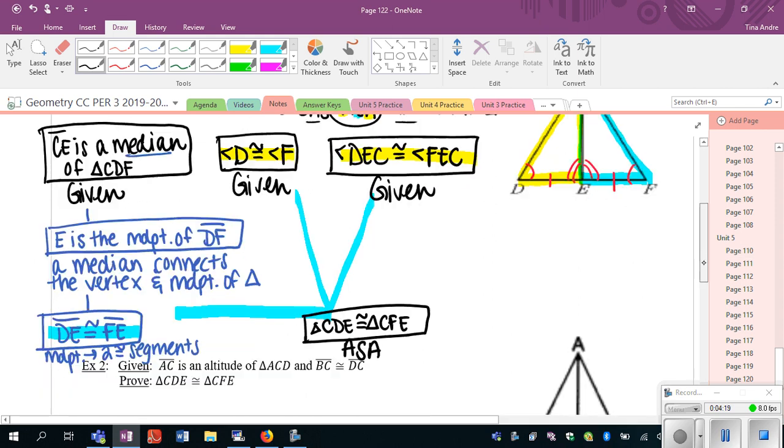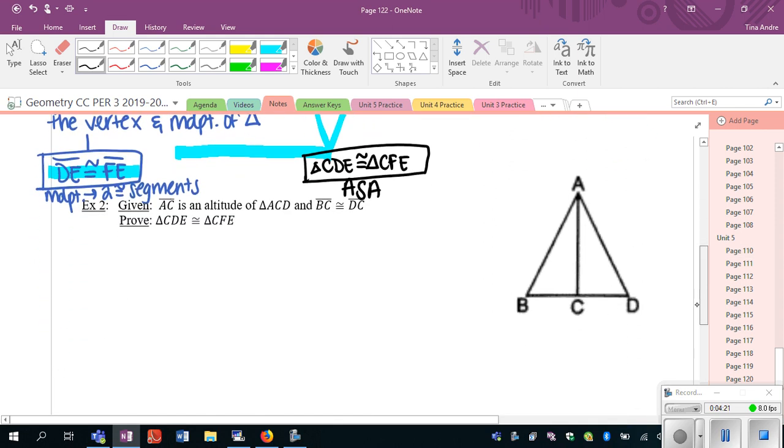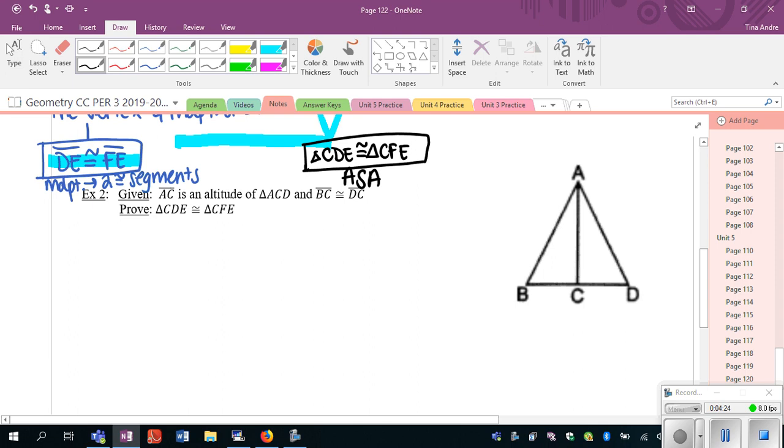So let's try one more using these new segments. So this one says that I have an altitude. So AC is an altitude of triangle ACD, which really means it's the altitude of this entire triangle. Because we have also BC and DC congruent, and we're trying to prove these two, these letters are messed up, huh?